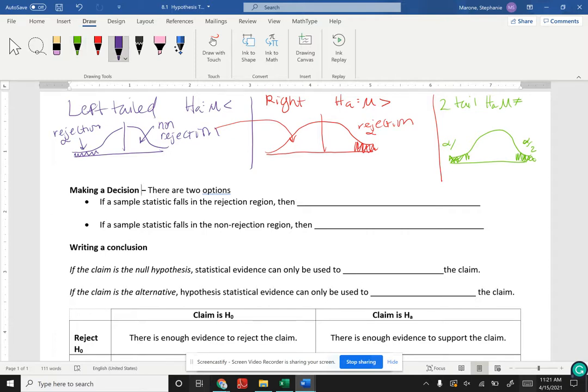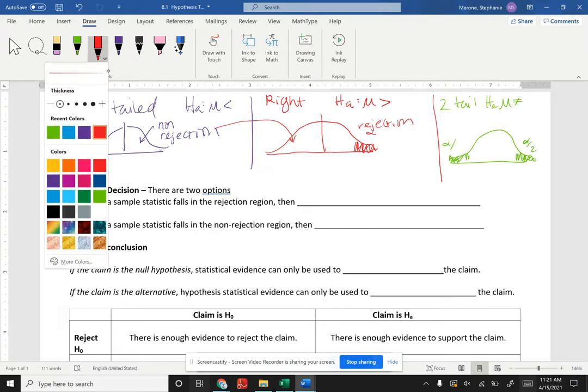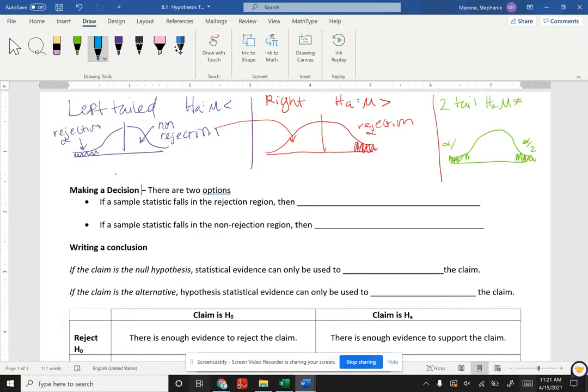So we're going to do some math, and then we're going to see where a test statistic falls. If that test statistic, or sample statistic, or test value, it's called all different things, falls in that rejection region, so if it falls in the shaded region, then we reject the null hypothesis.